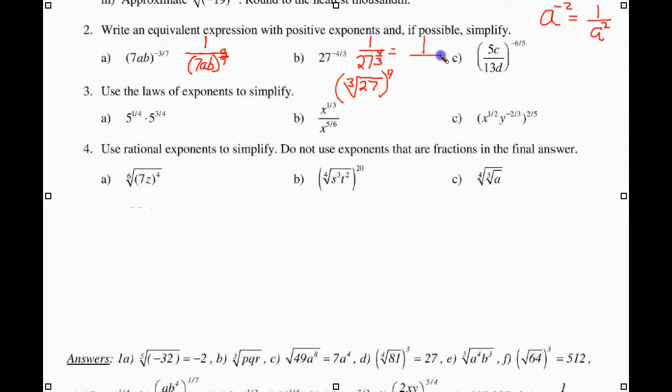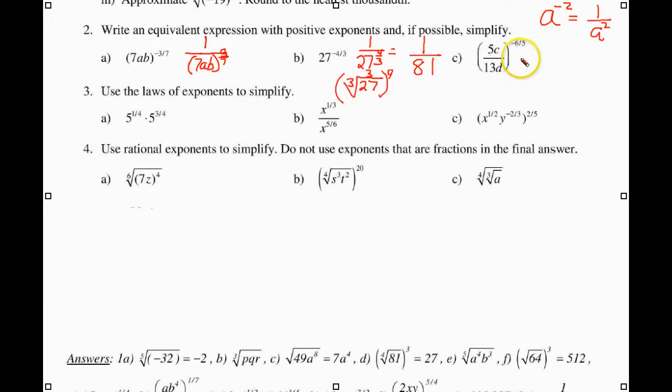Remember, it's going to be 1 over, then. What is the third root of 27? 3. 3 to the 4th is 81. So this simplifies to 1/81.